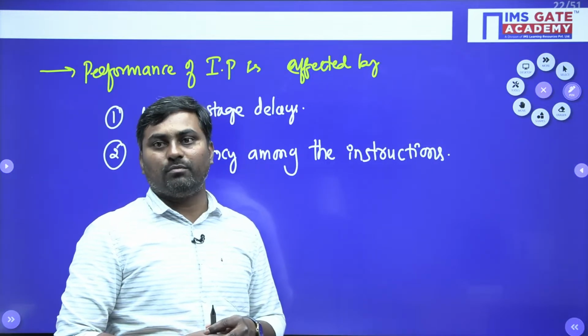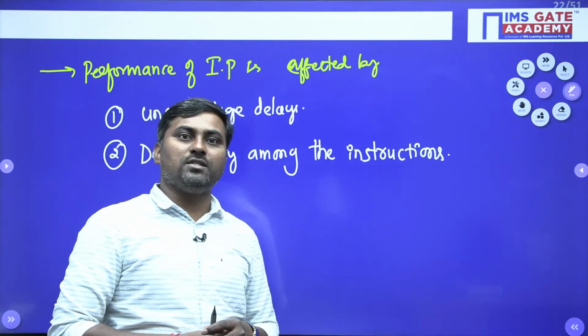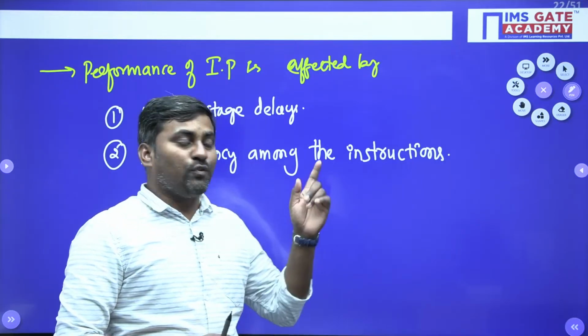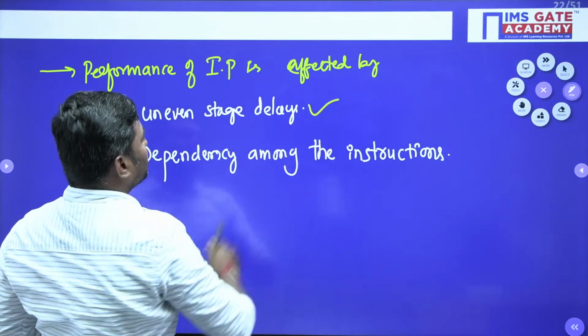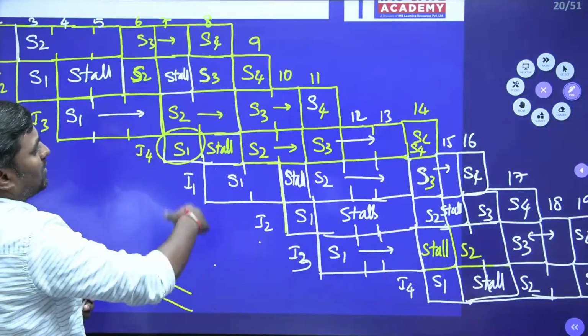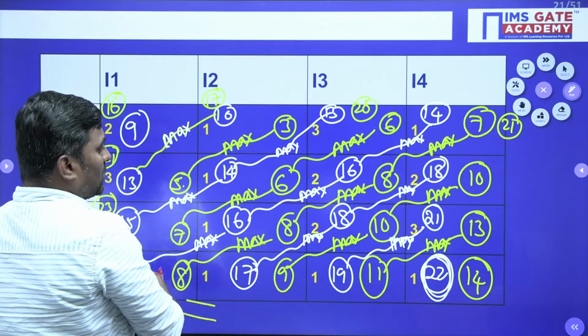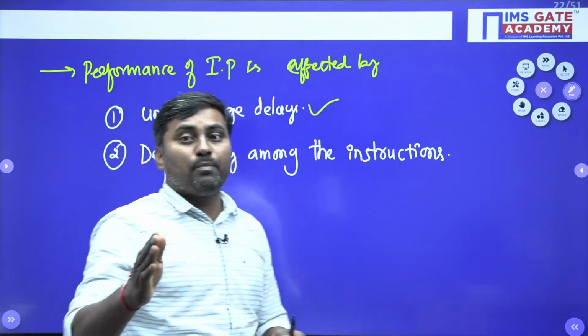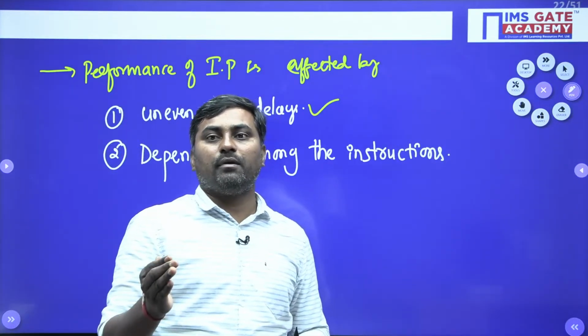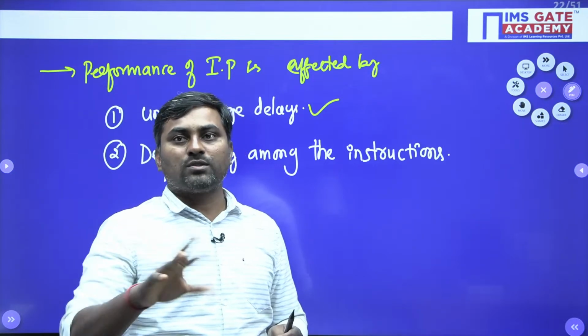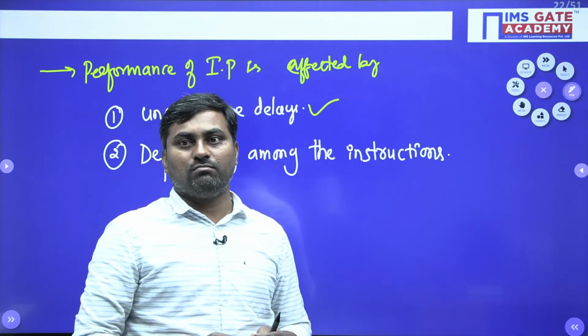So the two reasons are uneven stage delay and dependency among the instructions. The first one we have observed already. Different stages are having different delays. That's because the ideal pipeline we observed takes 1 clock cycle in each stage, right?